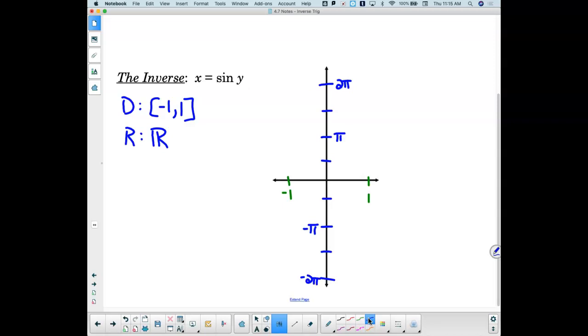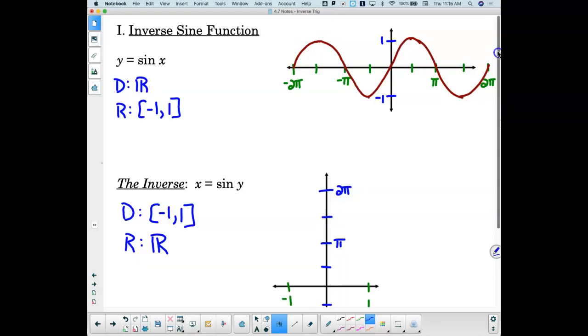Now, let's talk old points. Old point number 1 is the origin. If I switch the x and the y on that, that's still the origin. Old point up here was at the point pi over 2, comma 1.